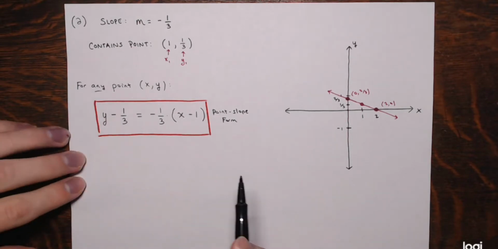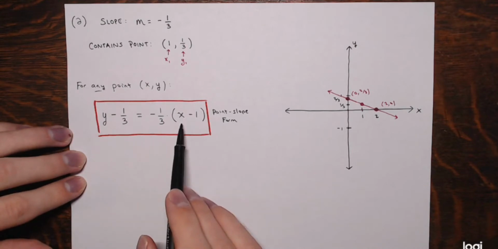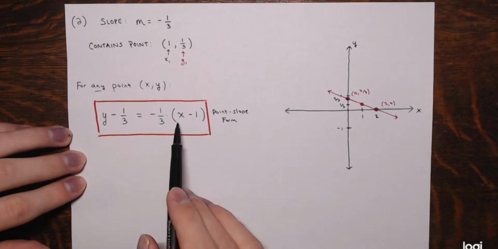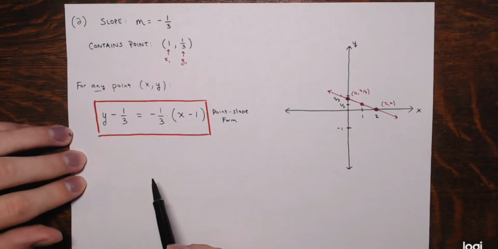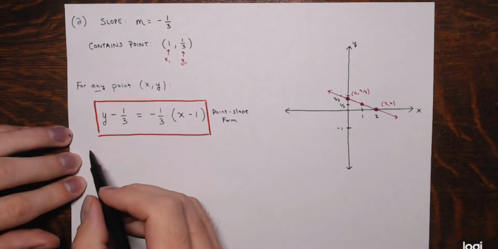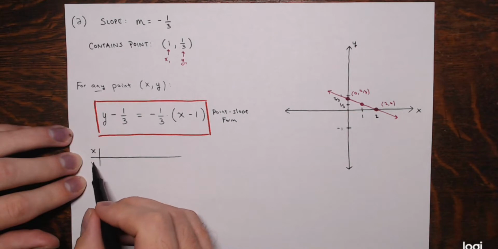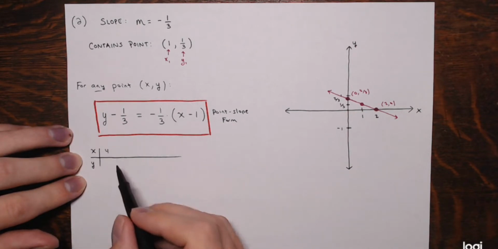And again, now that you have an equation, you can find all sorts of other points by making a table, plugging in different values of x and getting different values of y. So I'm just going to do it for this one. You can do it for future ones. A nice one here would be if x were 4.